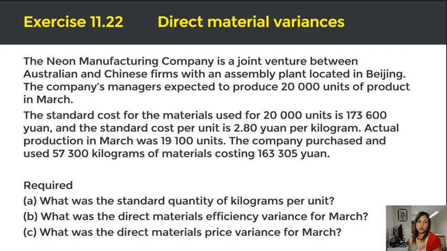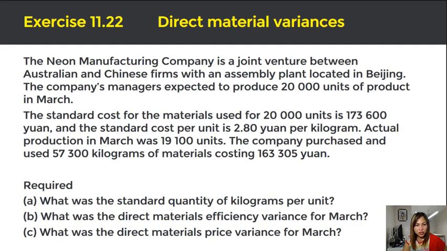Exercise 11.22. Let's read the question, shall we? The Neon Manufacturing Company is a joint venture between Australian and Chinese firms with an assembly plant located in Beijing. The company's managers expected to produce 20,000 units of product in March.